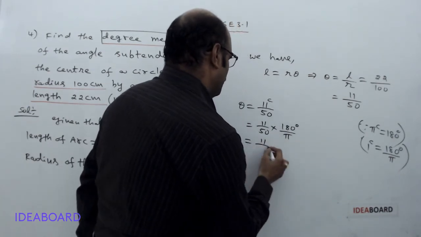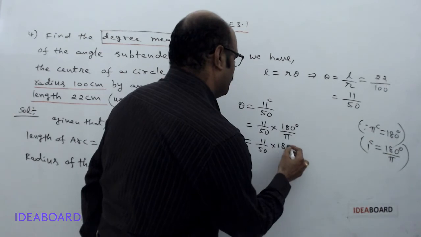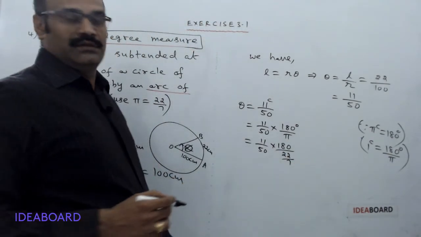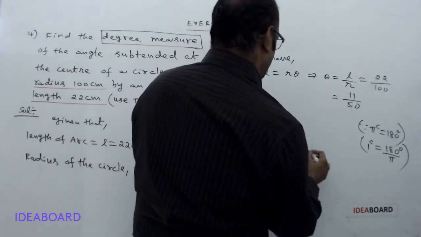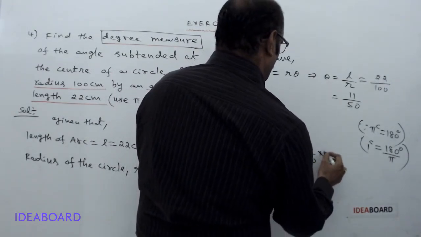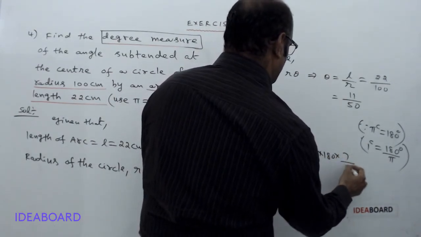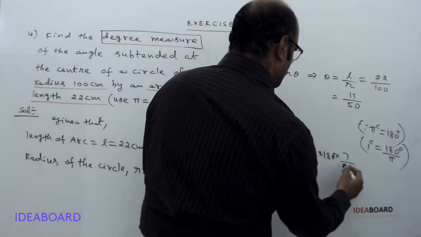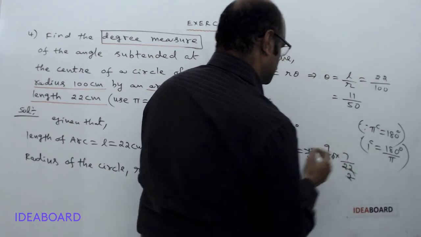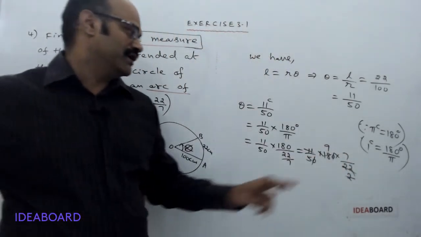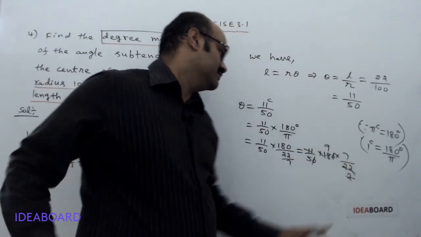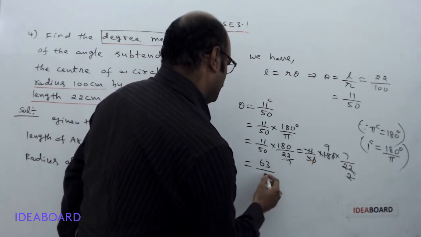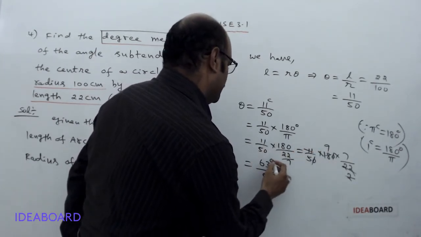Taking pi equal to 22 by 7, it is equal to 11 by 50 into 180 into 7 by 22. So equal to 9 into 7, 63 by 5 degrees.